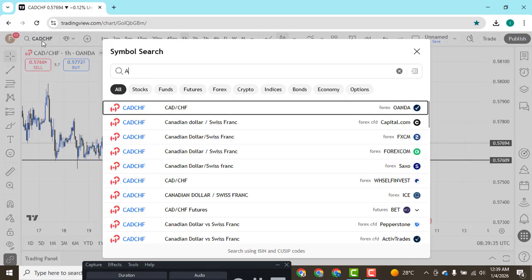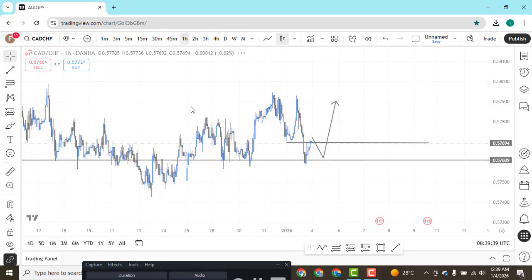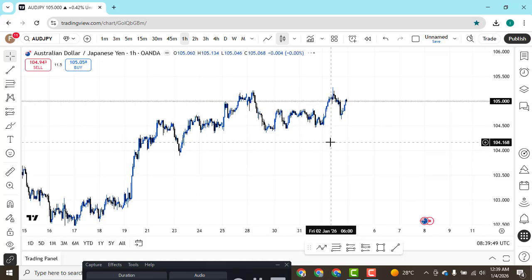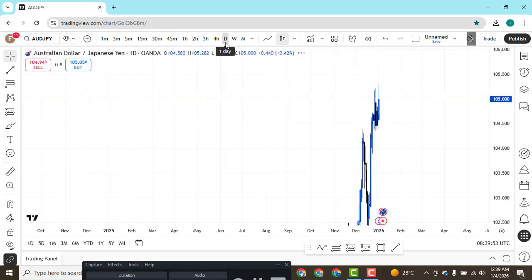Let's see AUD JPY. I've done two analyses, gold and CAD JPY. So AUD JPY, the way I'm seeing AUD JPY, let me check the higher time frame. Is it bullish?